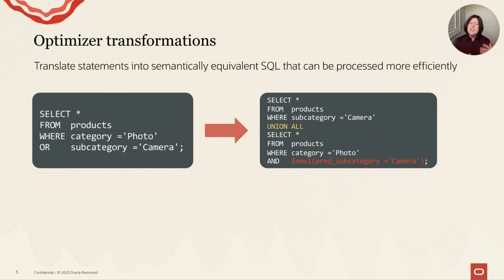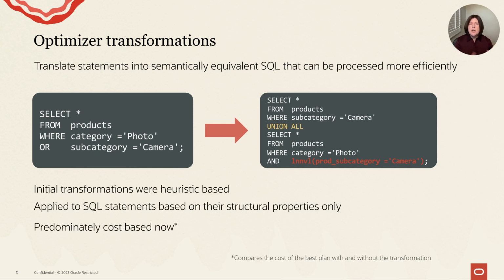So effectively, the optimizer is trying to rewrite or transform your SQL statement into semantically equivalent SQL statements that can be processed more efficiently. That means it may open up additional access methods, join types, join orders, even eliminate some of the objects within your query if it's possible. Traditionally, these transformations were done heuristically, or were heuristic based.